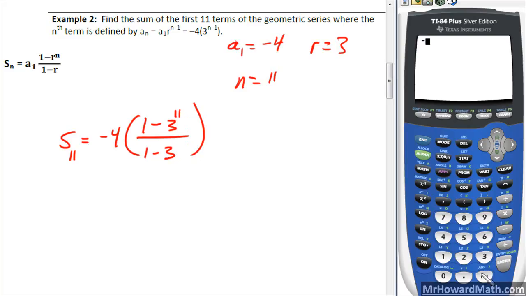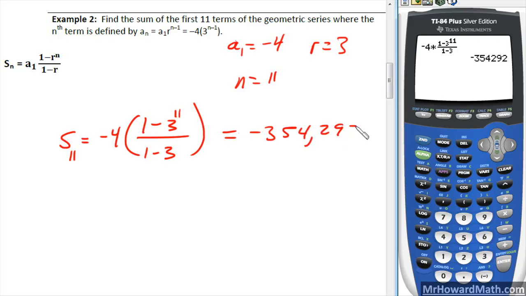So put that in our calculator here: negative 4 times, now use the fraction button, and 1 subtract 3 to the 11th in the numerator, and 1 subtract 3 in the denominator. Negative 354,292 is our answer for example 2.